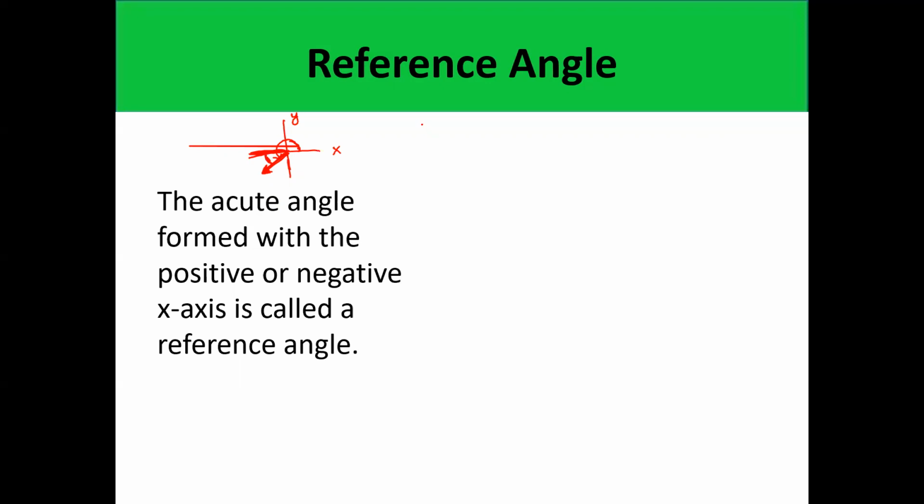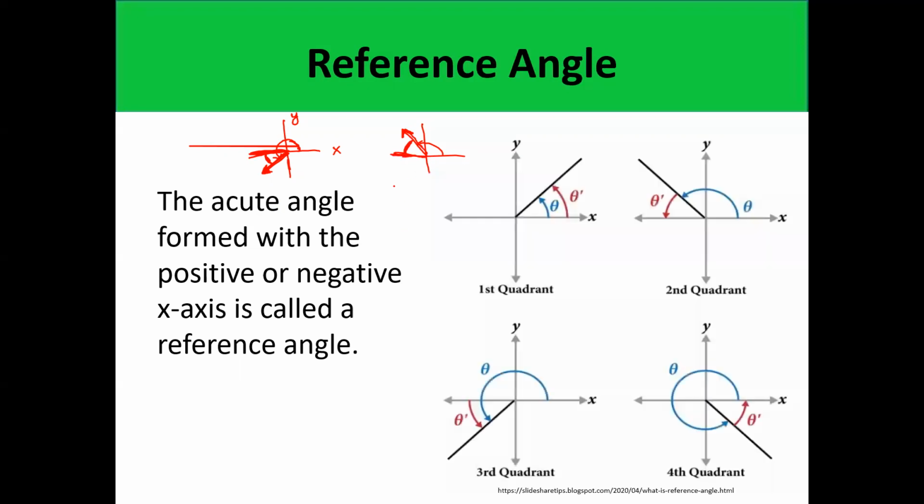Now, if the angle is in quadrant 2, then the angle formed by the terminal side with the x-axis is the reference angle. This is illustrated in the following figure, where theta is the original angle and theta prime is the reference angle. If the angle is in the first quadrant, the reference angle is the original angle itself.